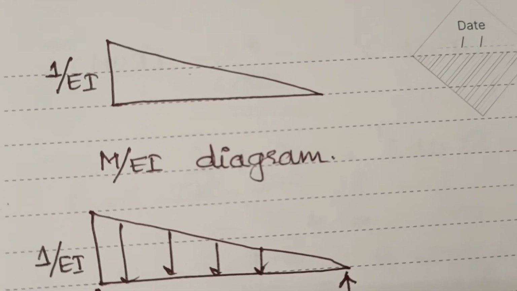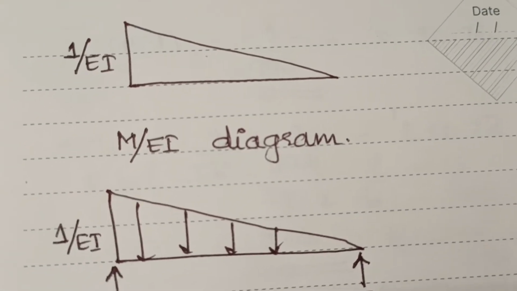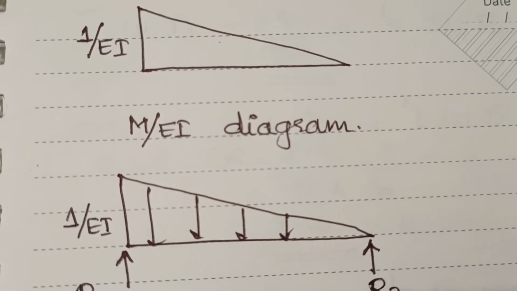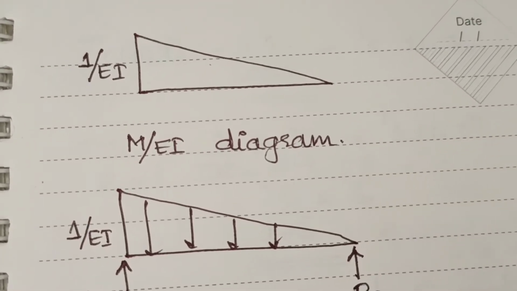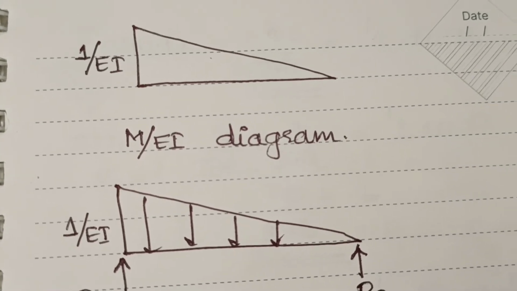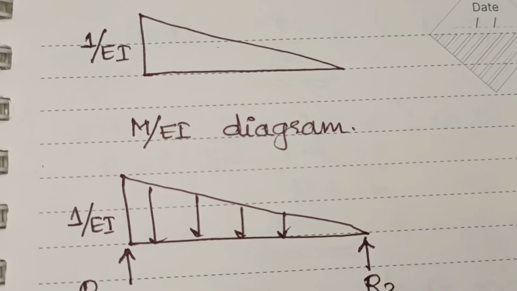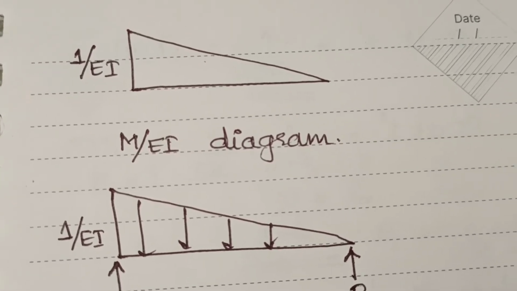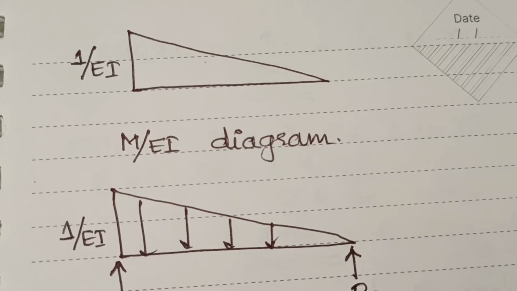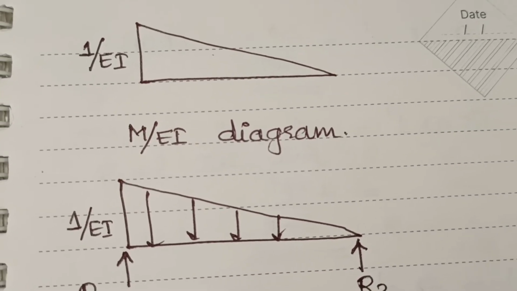So taking from right end, the bending moment diagram will be in triangular shape with maximum value 1 at the left end. Since it is a M by EI diagram, we have to divide the value 1 by EI. Hence we get a triangular shape M by EI diagram.